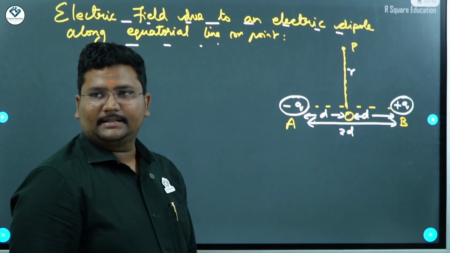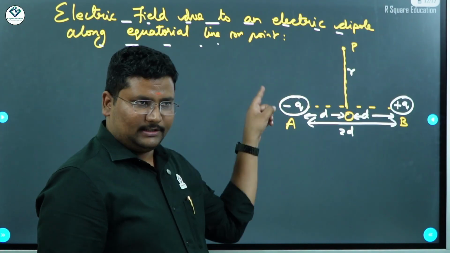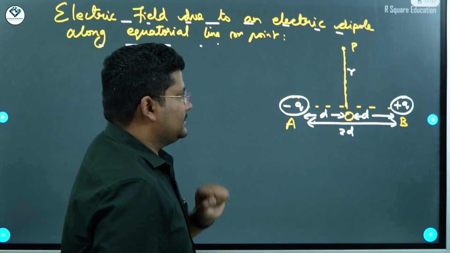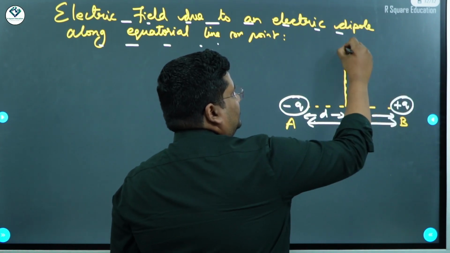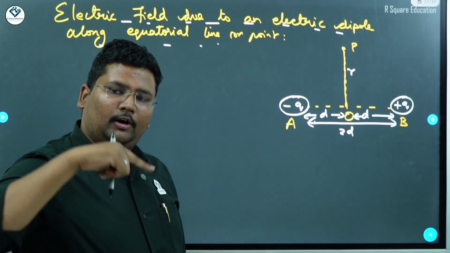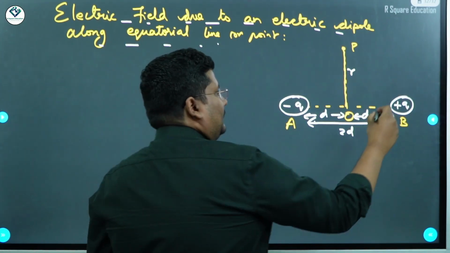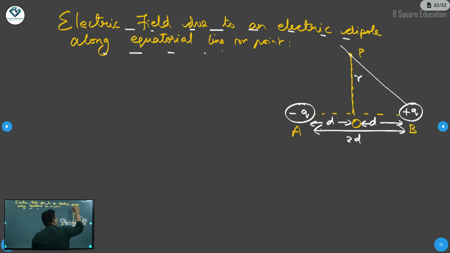Obviously, what we have to find is the electric field at this position due to minus q and plus q. So let me take plus q first. With respect to this position P, the electric field due to the positive charge will move outwards, correct? So I am going to draw a line extending it this way as E plus q.